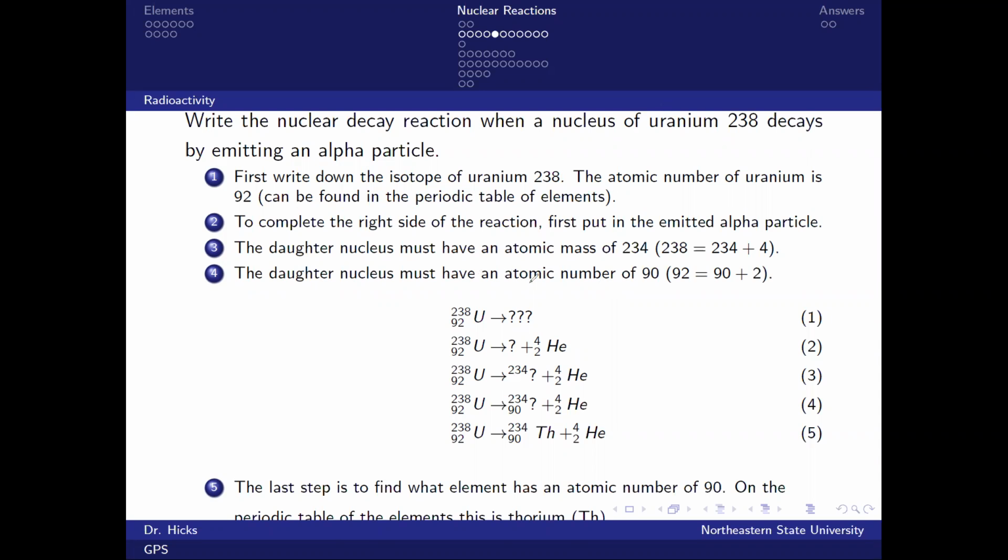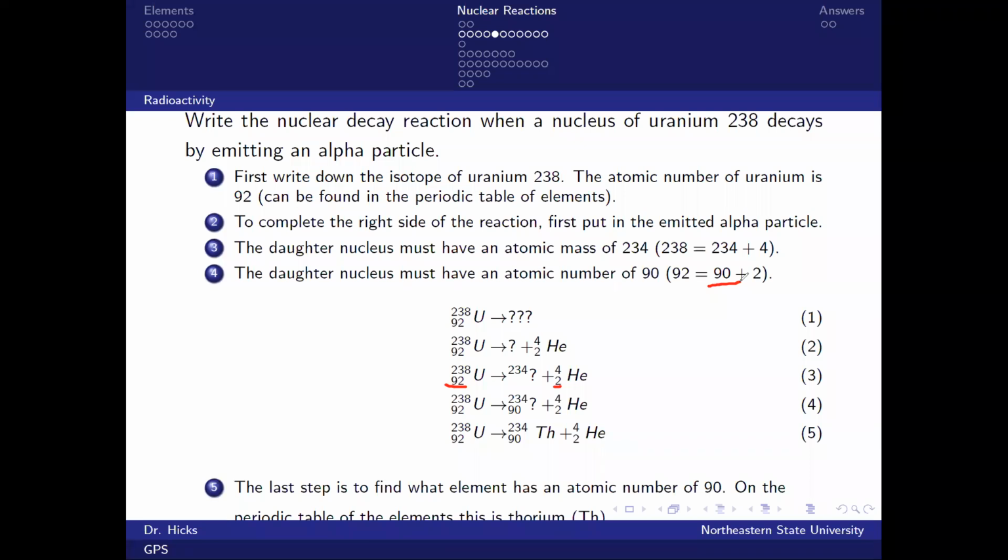Now I apply the second rule to figure out the atomic number of the daughter particle. And once I know the atomic number, I can look at the periodic table and figure out the element symbol. So this is the same thing that I did before. I start off with an atomic number of 92. The alpha particle contributes 2. What do I have to add to 2 to get 92? 90.